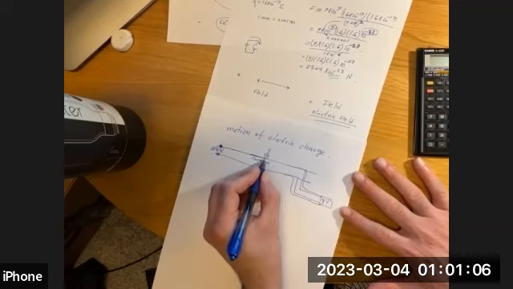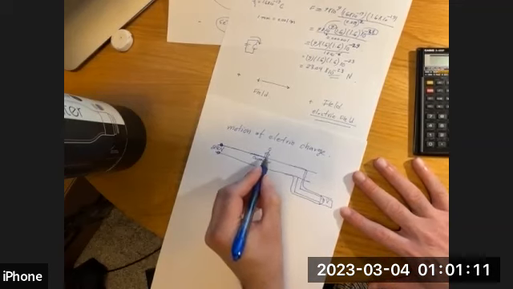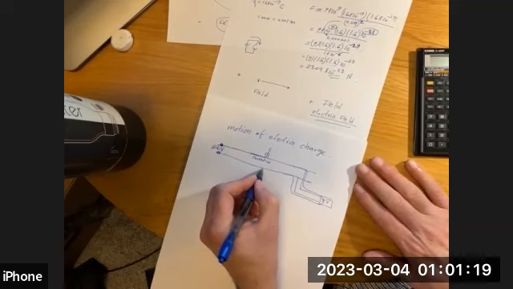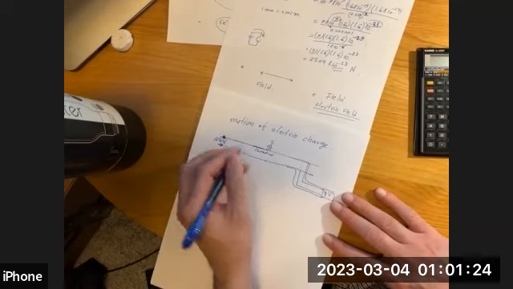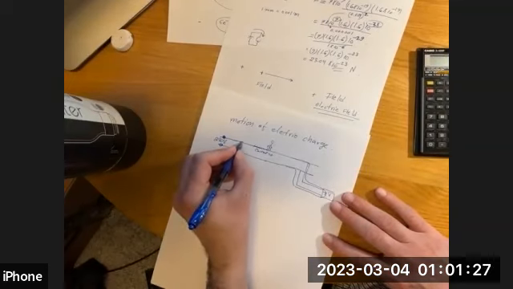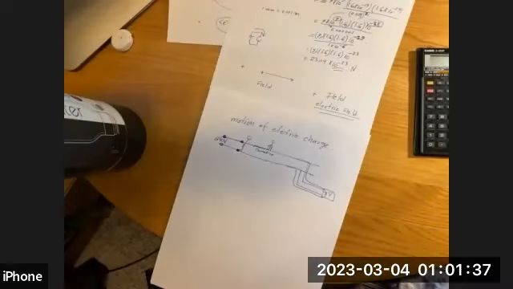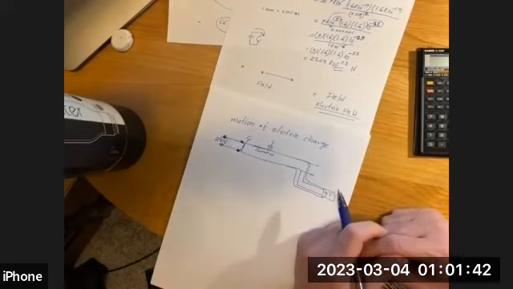So for the bird to be electrocuted, the current has to come back after it goes through the bird's body. But there is a space between those two wires, so the voltage will not do any harm. But imagine the bird is stupid enough to have one leg here and one leg here. That bird is going to be dead. A huge current will go through, and it will die.